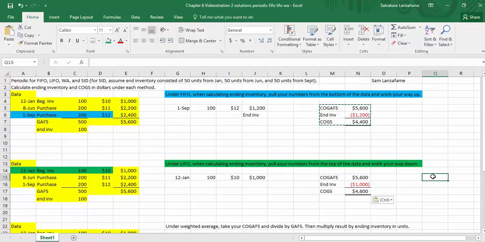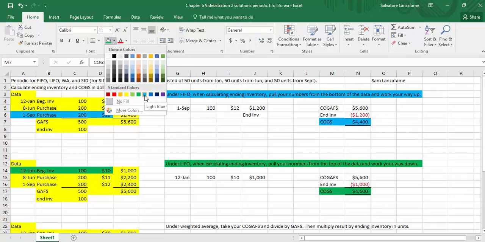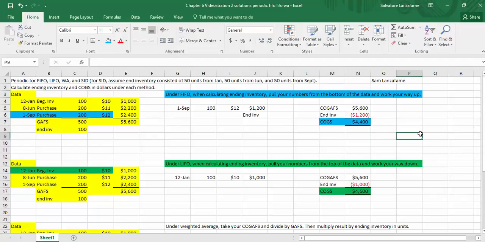So if you were running a company and you had an opportunity to write off 4,600 as opposed to 4,400, you would opt to go with the 4,600 because this way you'd end up paying less tax.